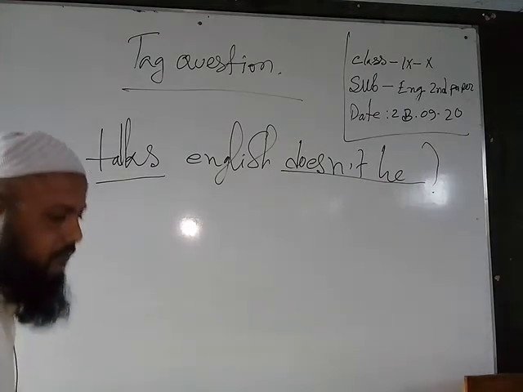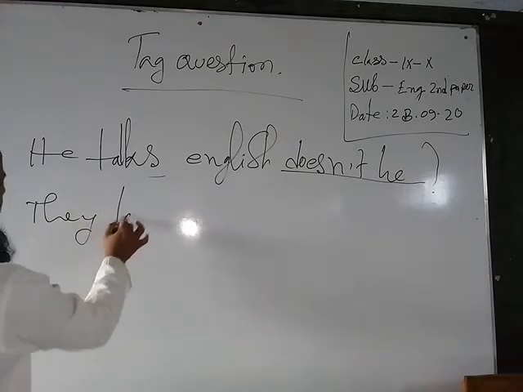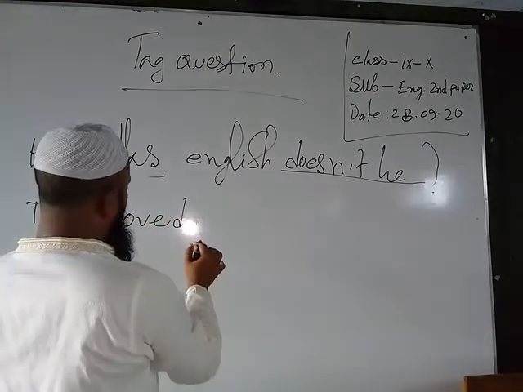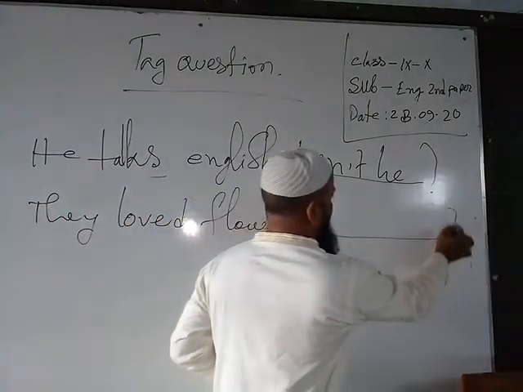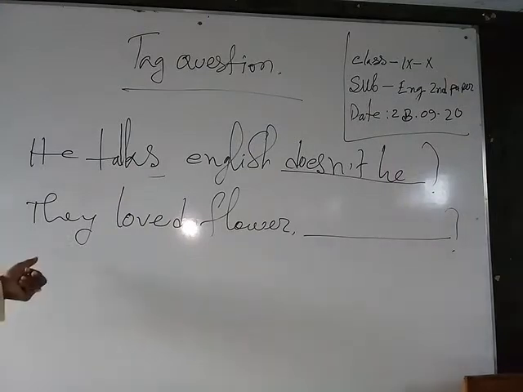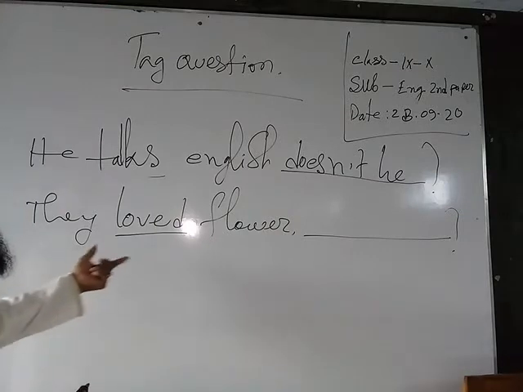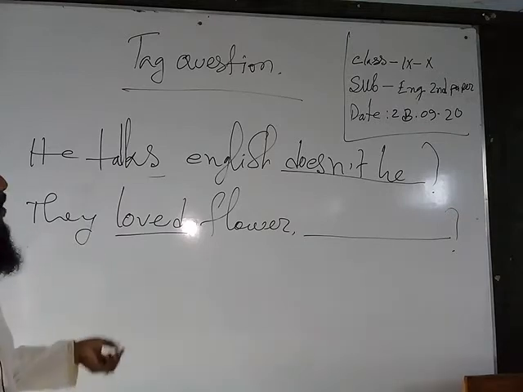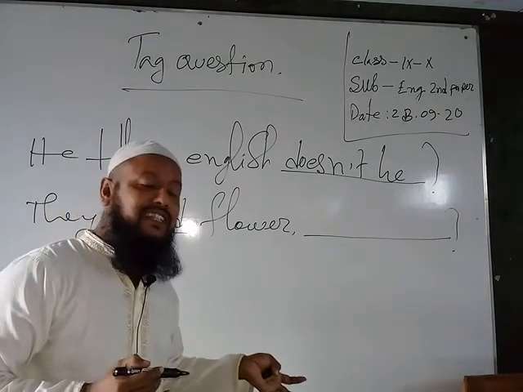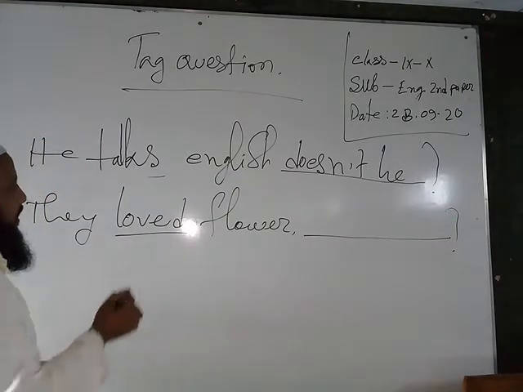Another example: They loved flowers. Here, in this sentence the verb is loved, which is the past form of the verb, and there is no auxiliary verb in this sentence. So if the sentence does not have any auxiliary verb, we use do, does, did as the verb of the tag question.